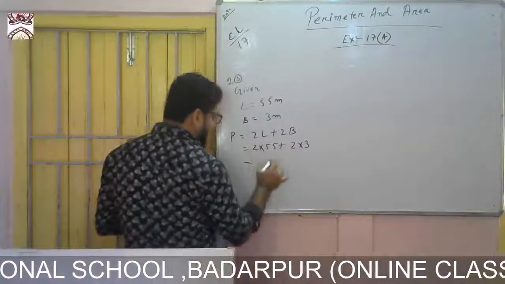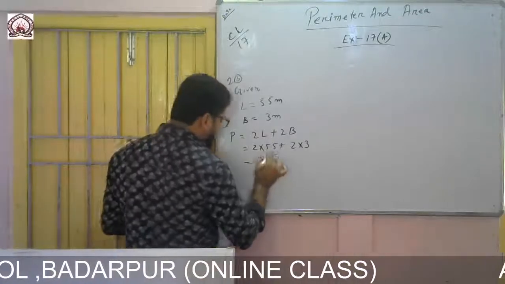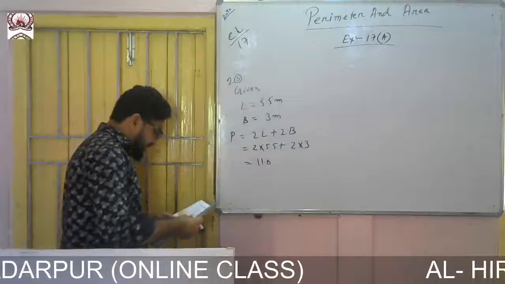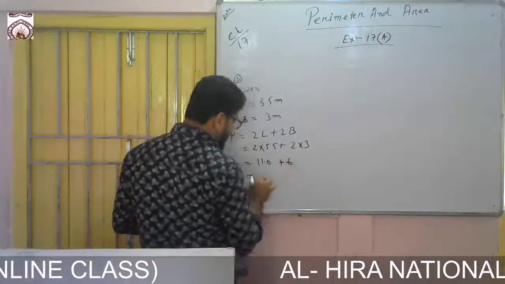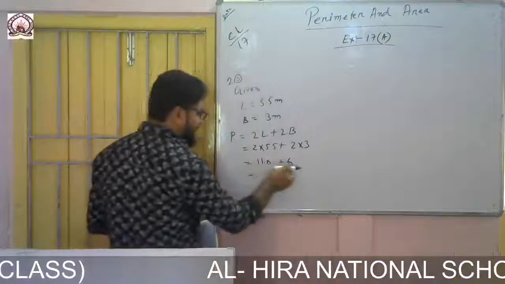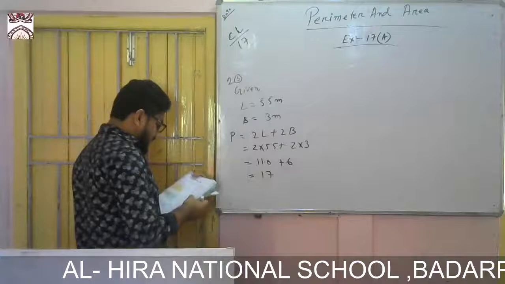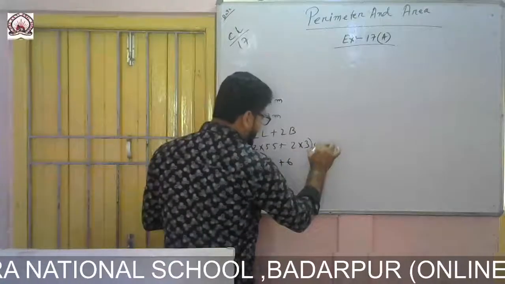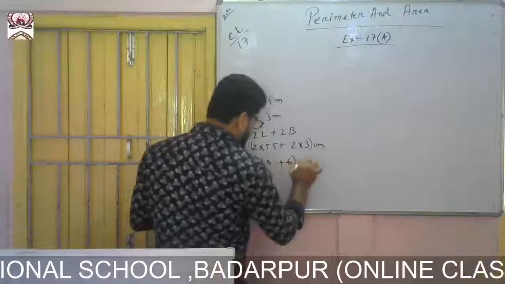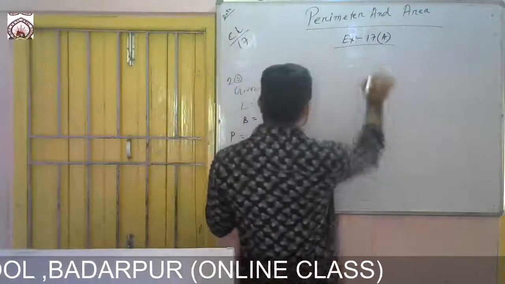So 5 twos are 10, then 10 and 1 is 11. 11.0 means 11, plus 2 threes are 6. So 11 plus 6 is 17. Here you write centimeter, 17 centimeter. Okay. Now come to 2C.